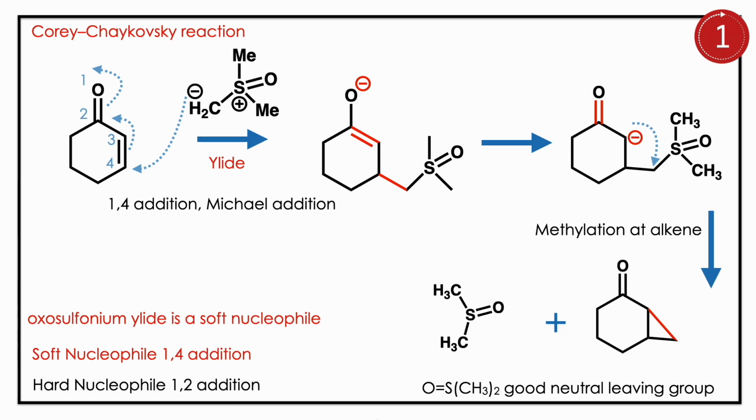At the fourth position it adds, you have charge there. The delocalization again creates the internal nucleophile, which is the new one, which attacks, and dimethyl sulfoxide eliminates. You have a cyclopropane ring. So the new ring forms from the halide. The concept you outline here is sulfoxonium nucleophiles are soft which will undergo 1,4 Michael addition.